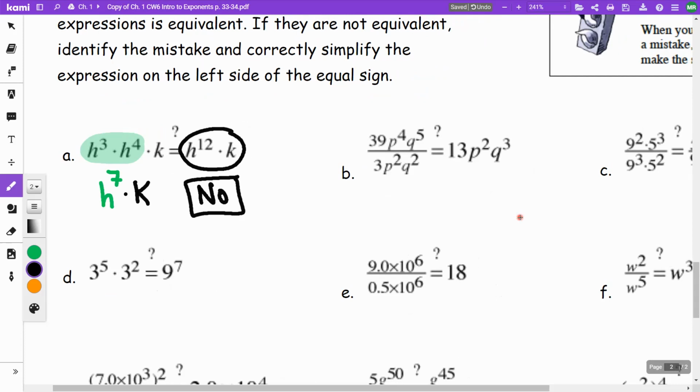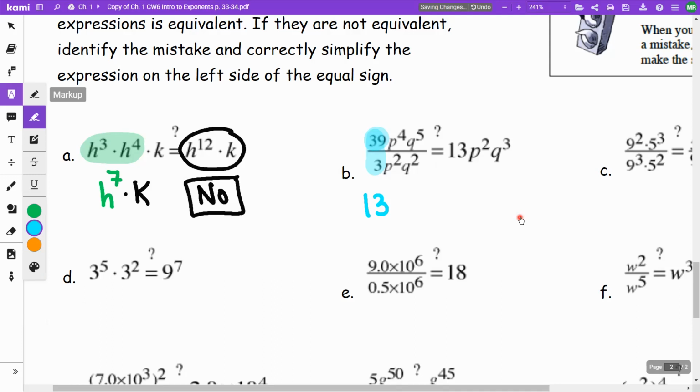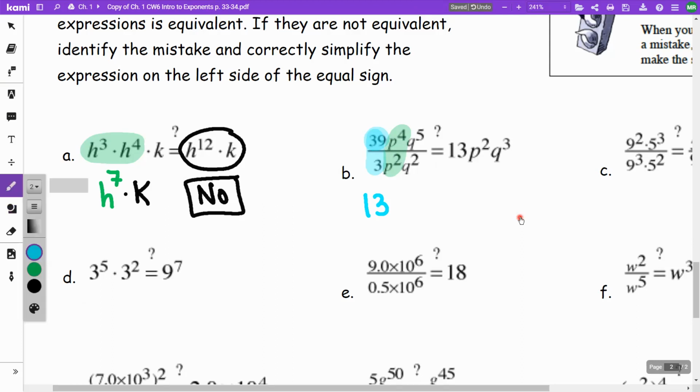On B, again, we're trying to see if we get the left side. Looking at my 39 and my 3, 39 divided by 3 is 13. So that works out. If I am looking at my p to the 4th over p to the 2nd, I have 2 p's I can cancel from top and bottom.